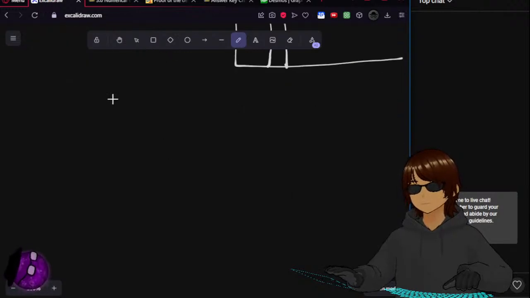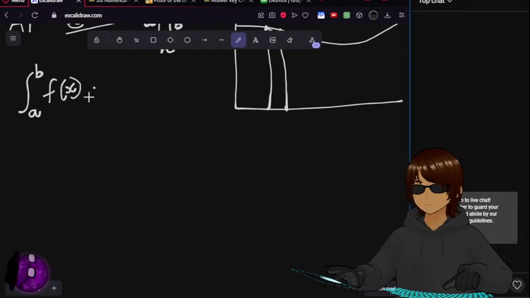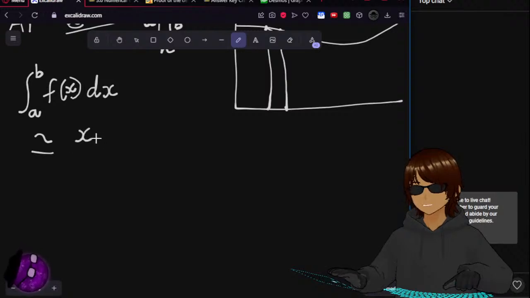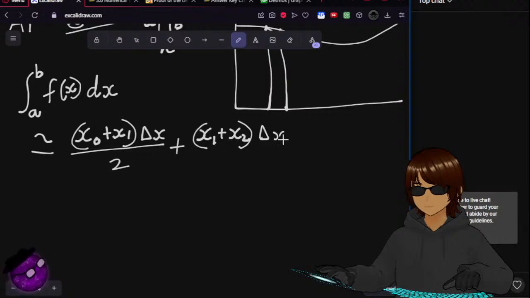And then the integral between a and b is approximately equal to x0 plus x1 times h, which is the width, over 2, plus x2 plus x1 over 2, plus all of them.